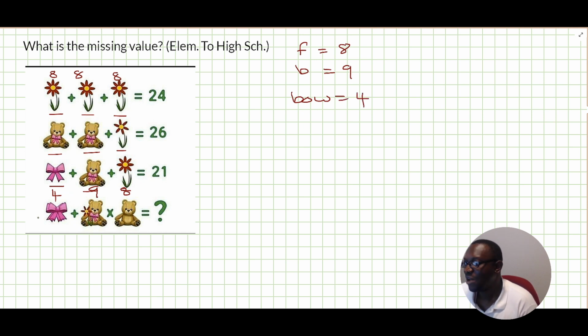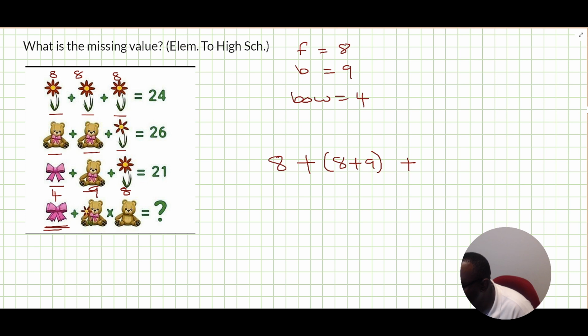All right, now here's the challenge with the last one. So here you can see there are 2 bows right here. So that's going to be 8 plus. Can you see that this teddy bear has a bow here, and here it has a bow and a flower? So we're going to add 8 plus 9, and then plus.